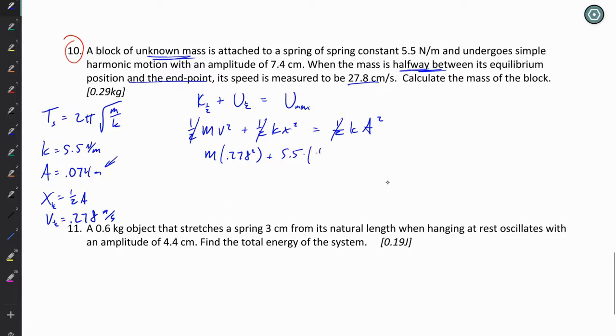So it's going to be 0.074 over 2 squared, equals the spring constant 5.5 times the full amplitude squared, which is 0.074 squared. Oh, this is actually not terrible. We've got everything we need except the mass.